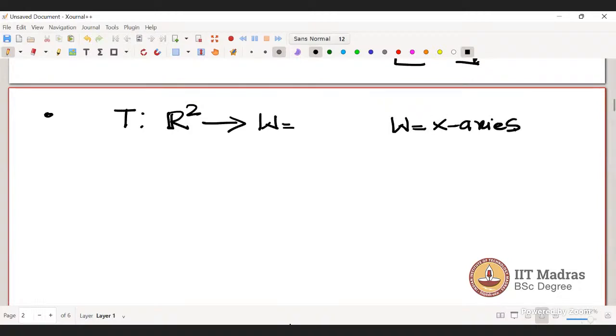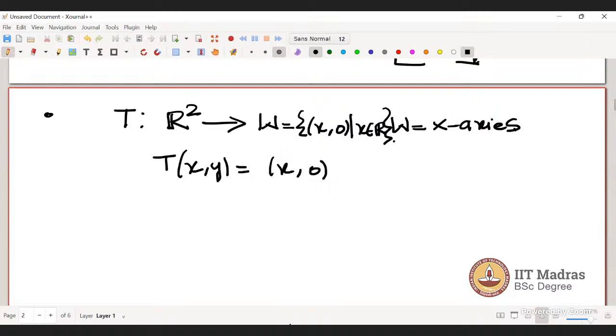So W is x comma 0, where x is in the set of real numbers. And what is the algebraic expression for this map? T of x, y is nothing but x, 0. Right?